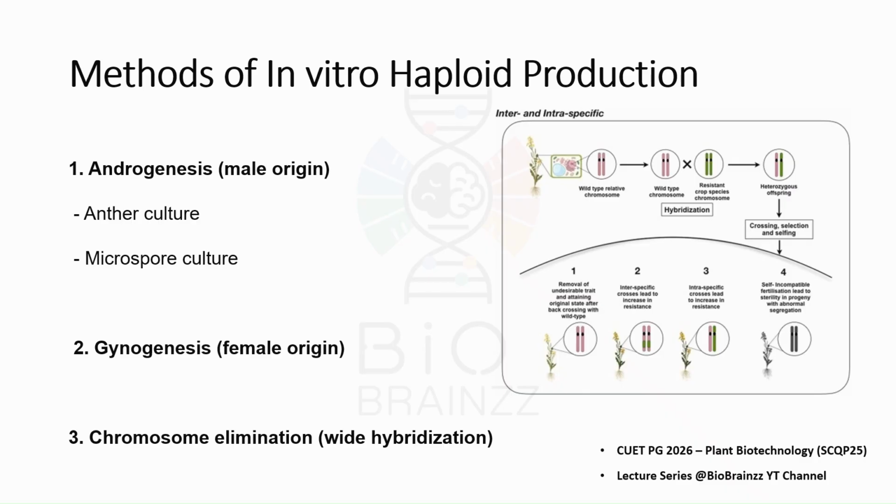The third method is chromosome elimination, usually achieved through wide hybridization between different species. Each method relies on different biological mechanisms but ultimately results in the production of plants with a single chromosome set.